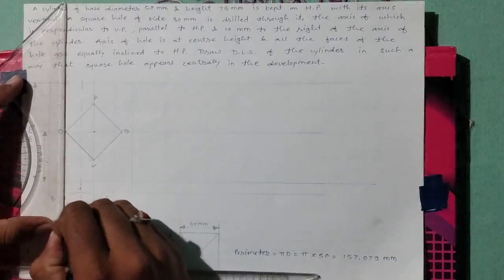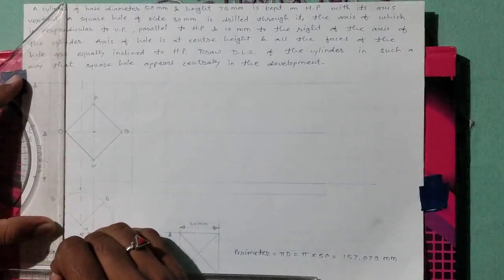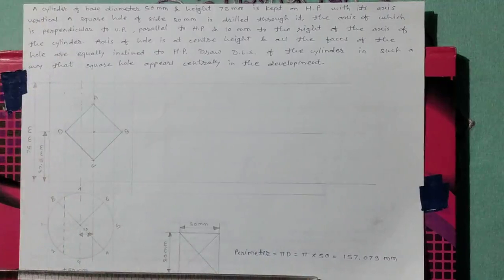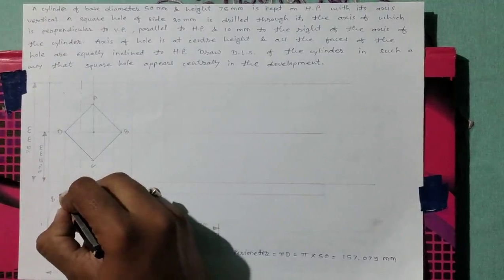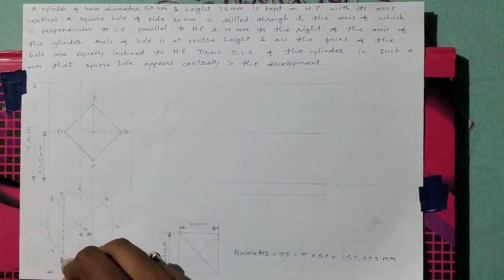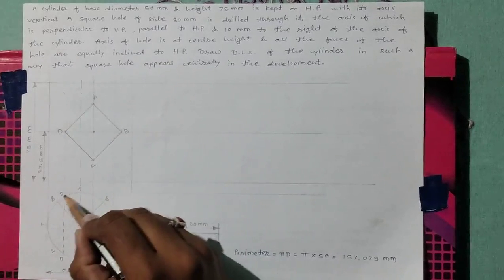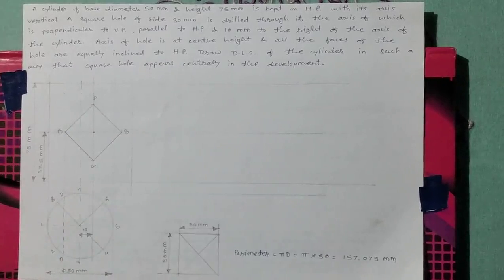This will be a hidden part, and it will be viewed in top view. Name this point as D. Where it intersects or meets the profile of top view, name it there.